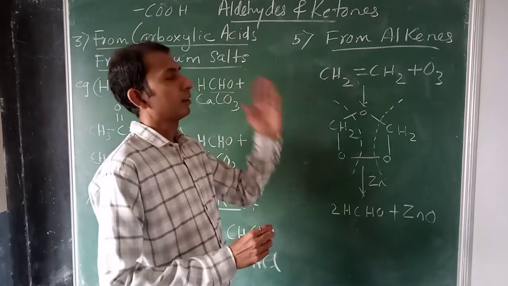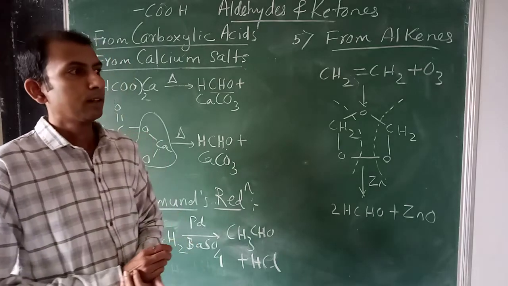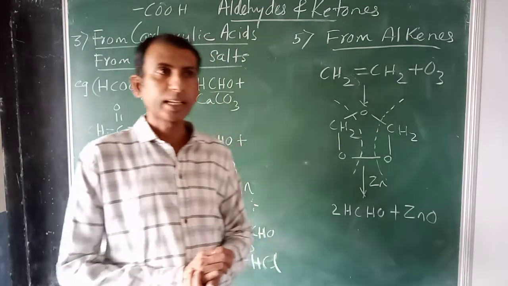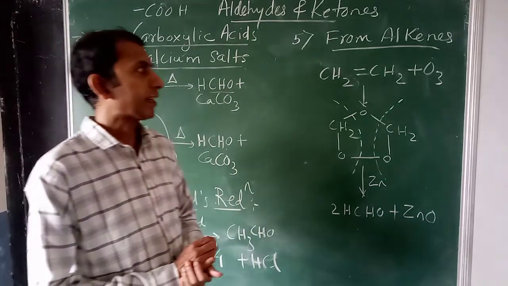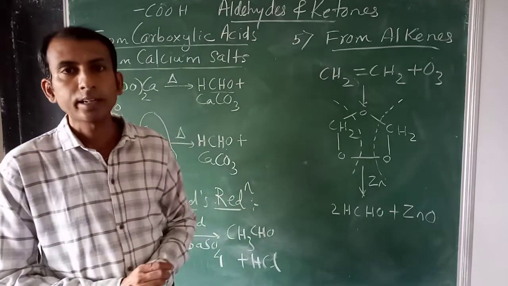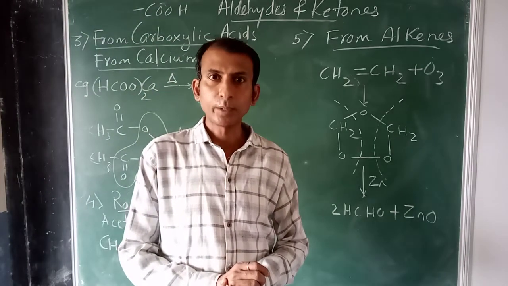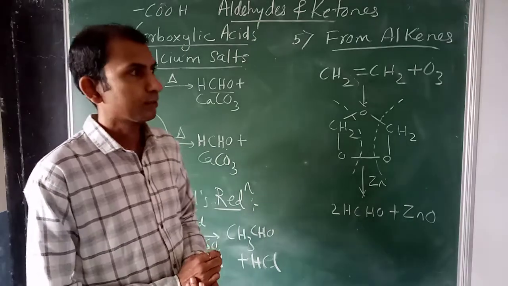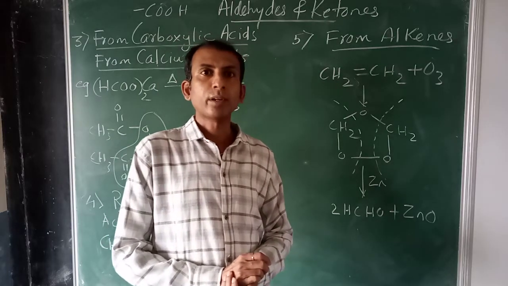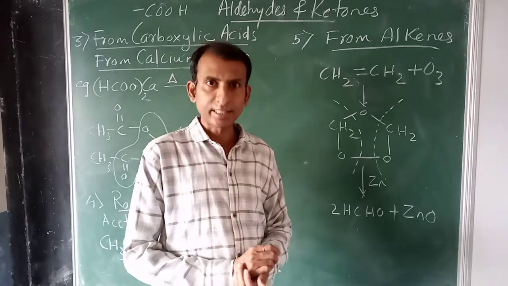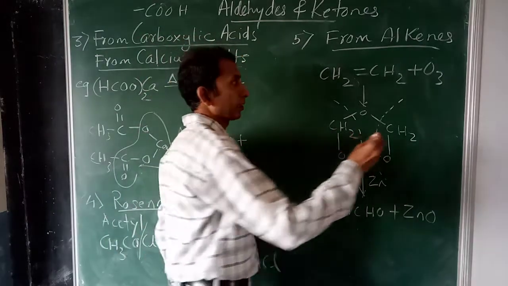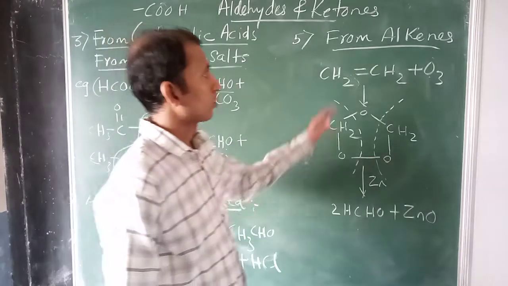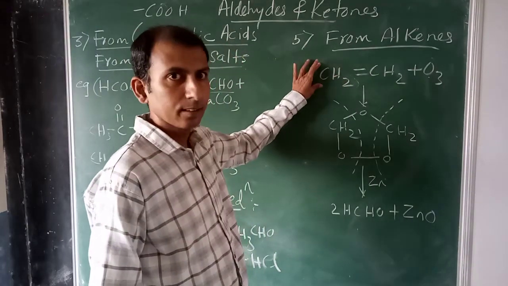Now we have the third method. Here we have to prepare aldehydes and ketones using an alkene, a very important class of reaction, because these reactions of alkenes are given under the heading ozonolysis. Ozonolysis means addition of ozone, O3. In the first step we have an alkene here, ethene.